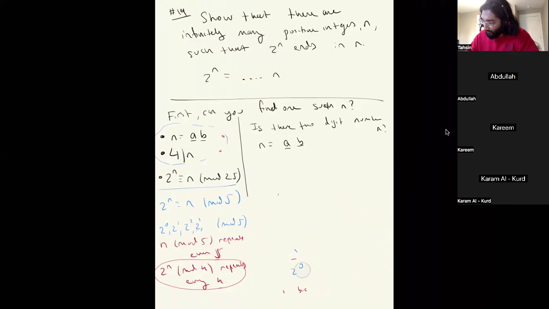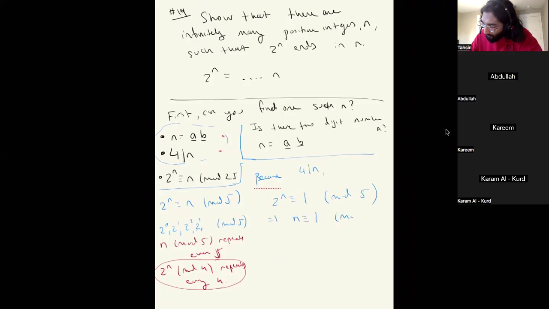Because 4 divides n, 2 to the n is congruent to 1 mod 5, so it actually tells you that n is congruent to 1 mod 5.